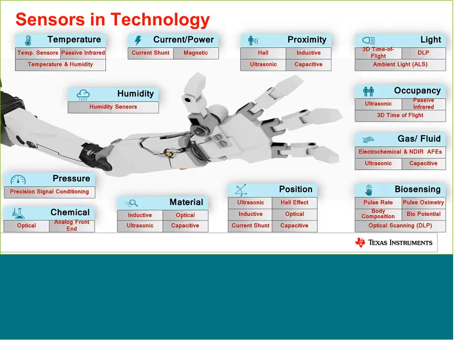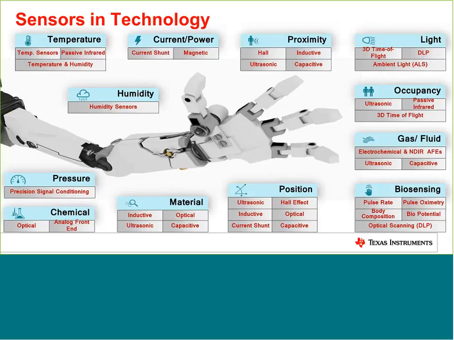You have maybe touch screens or elevators. They have push buttons or something. That's all proximity sensing, PIR motion, and so on. Lighting, occupancy detection, gas fluids, biosensing, positioning, material pressure, and so on.